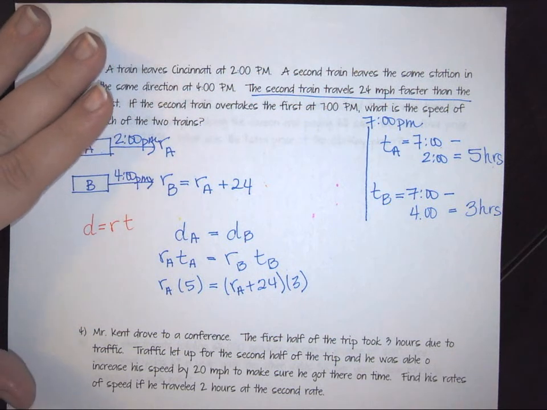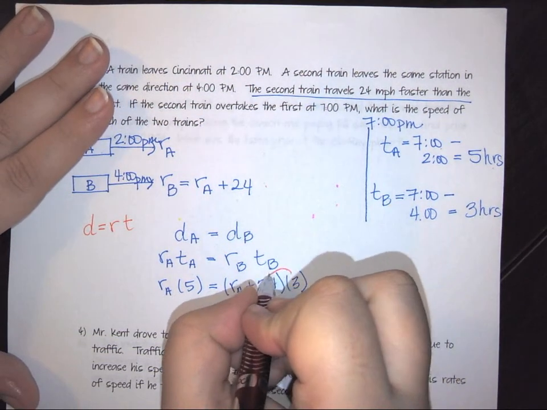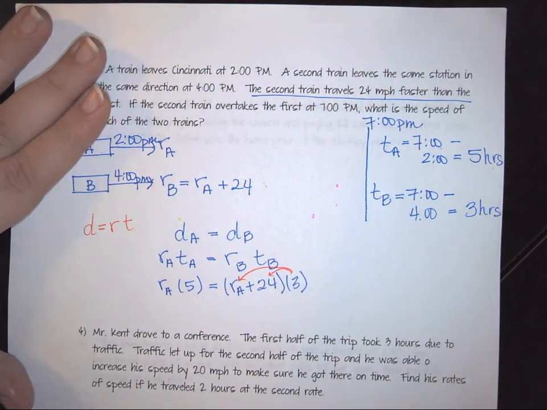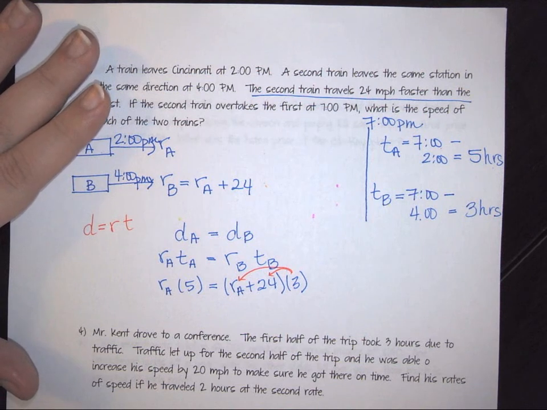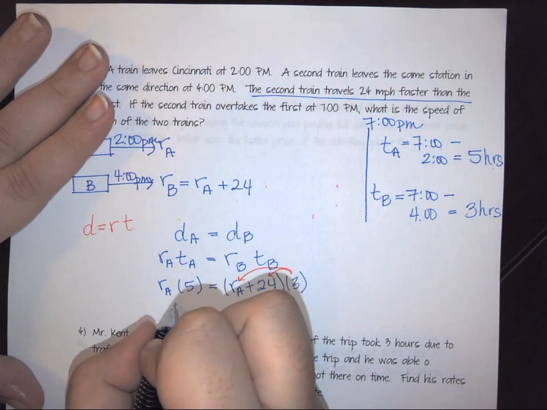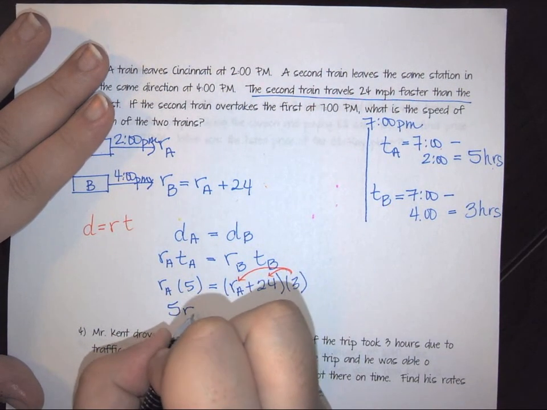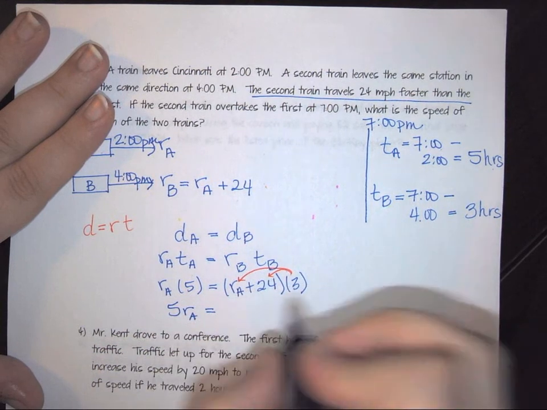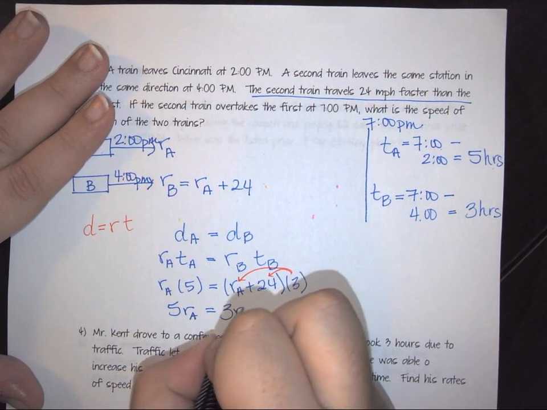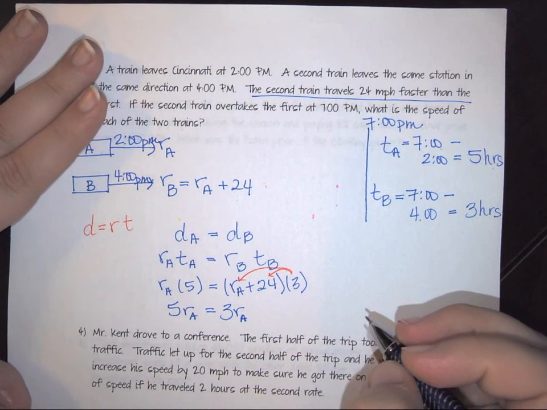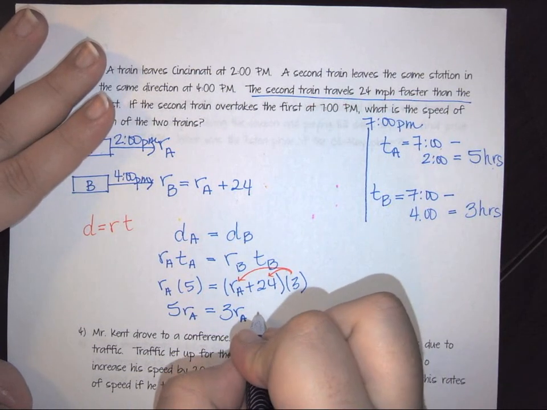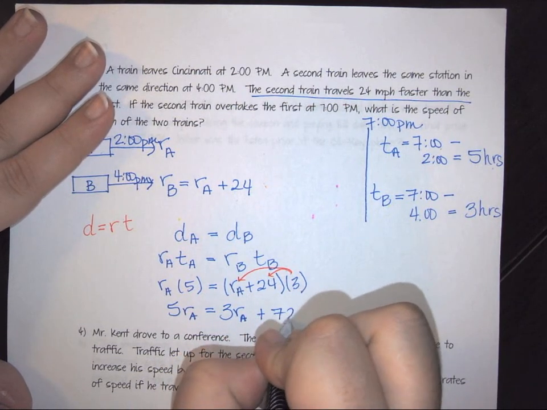So we're going to do that by distributing through your parentheses here. So we're going to have that 5R is equal to 3R, and then we have 24 times 3, so plus 72.